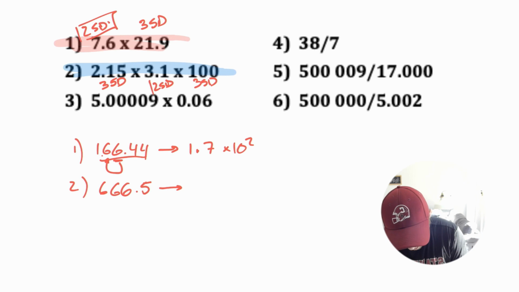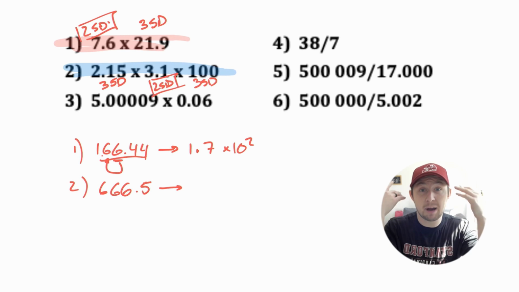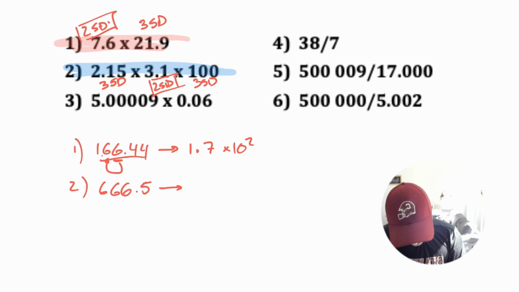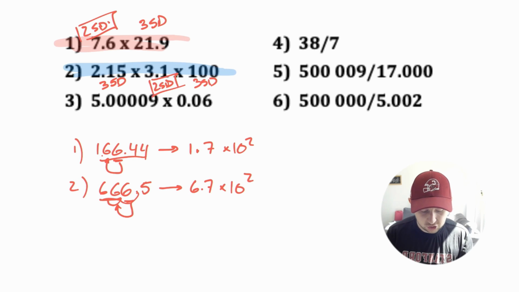So I need to write it to 2 significant digits. That's my smallest number of significant digits in the problem. This guy is going to tell me to round up, and so I am going to get 6.7 times 10 to the power of, I move this over 2, 10 to the power of 2.